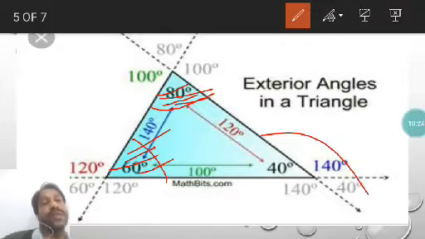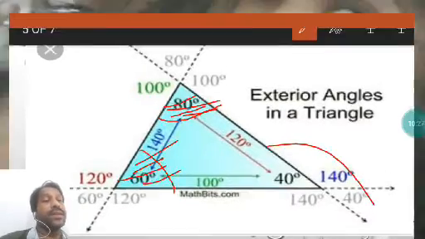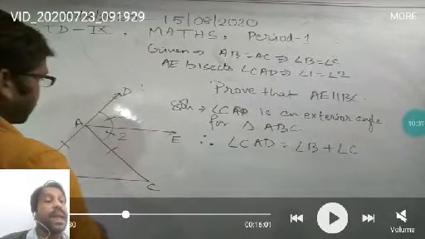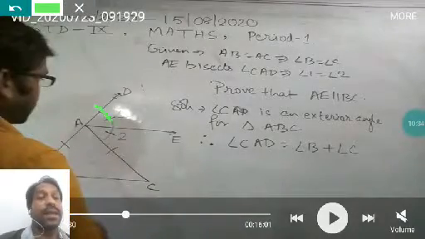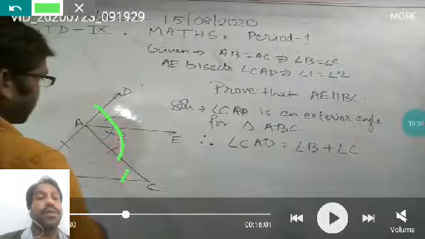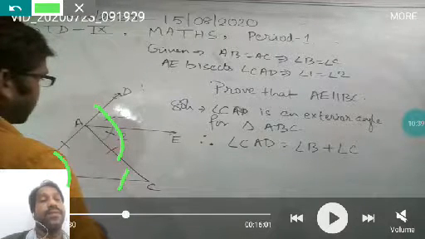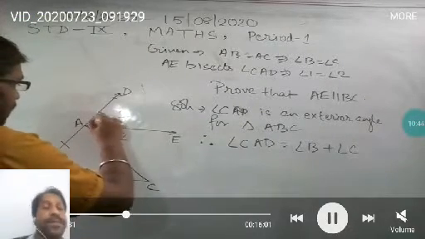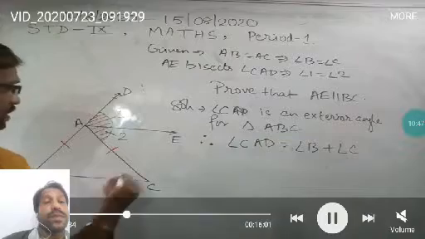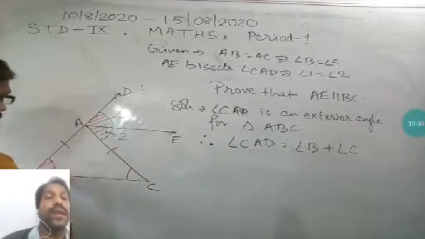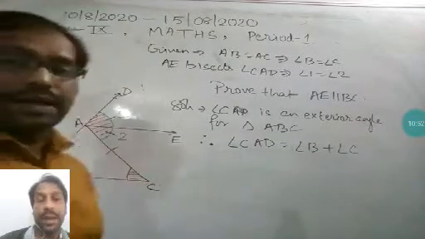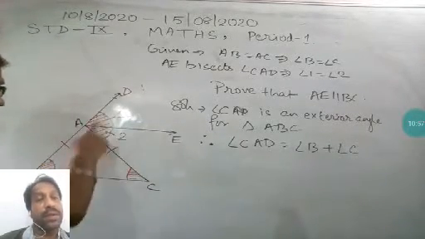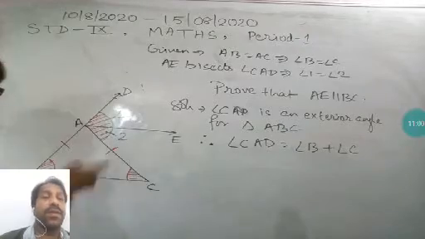So that's why I am writing it here like this, that this angle will be equal to the sum of this and this, B and C. That is equal to angle B and angle C. Clear? So we'll write that angle B and angle C both are equal.